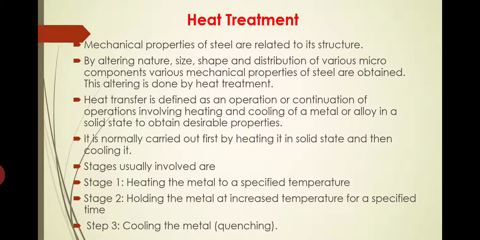The microstructure formed, or if you look through the microscope, the structure of the steel will be different based on this cooling rate and even based on the composition also. You might have studied about the iron carbon equilibrium diagram in the previous presentation.